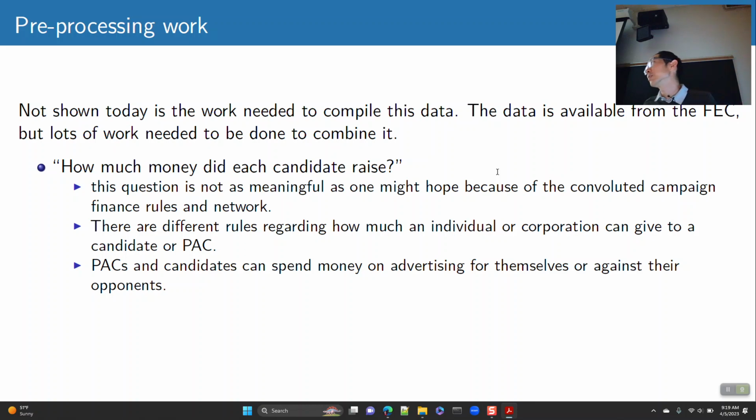how much money did each candidate raise? But this is a hard question. It's a little bit convoluted because of campaign finance rules. You can donate directly to a candidate's campaign fund, but there are rules about how much an individual can donate.